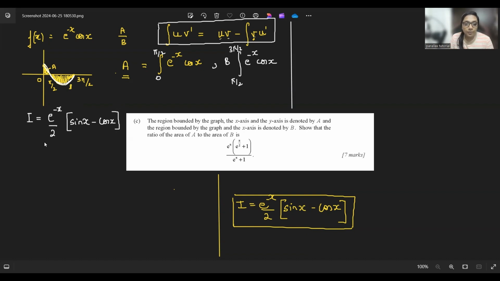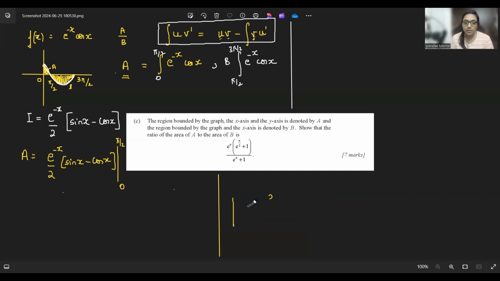Now, for part A, our limits have to be e to the power minus x by 2 times sine x minus cos x, all the way from 0 to pi by 2. Now, how do we apply definite integrals and limits to them? We can erase this part as well.